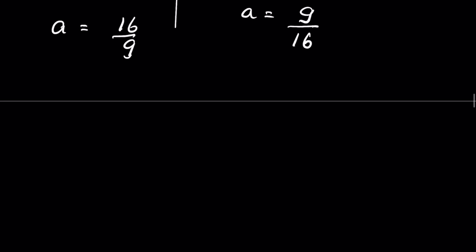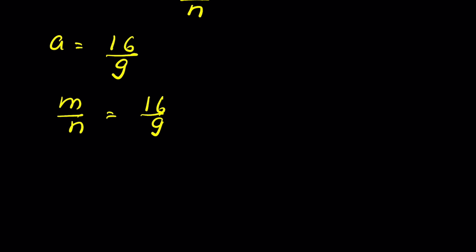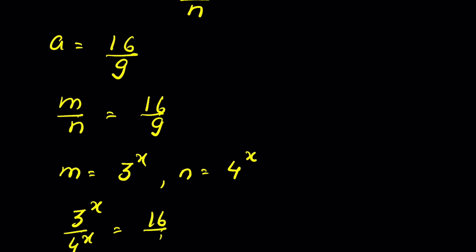Now we considered a is equal to m upon n. So when a is equal to 16 upon 9, then m upon n is equal to 16 upon 9. Again, m is equal to 3 to the power x, and n is equal to 4 to the power x. So we have 3 to the power x upon 4 to the power x is equal to 16 upon 9.